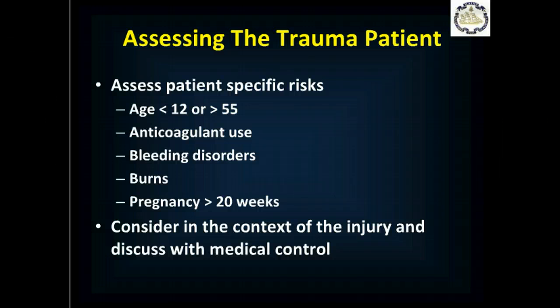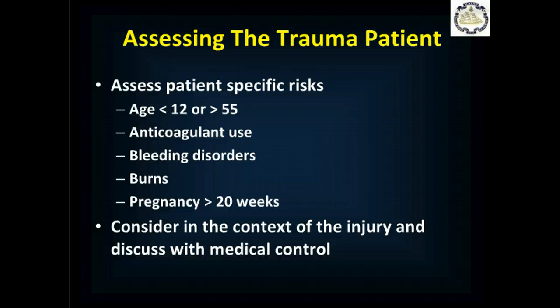And anyone who's pregnant greater than 20 weeks, you need to consider, do they need to be evacuated depending on the injury. If it was a blow to the forearm, blow to the humerus, maybe not so much, but any abdominal injury, any chest injury, you're worried both about the changed physiology of the mother being pregnant, and you're worried about the survivability of the fetus.